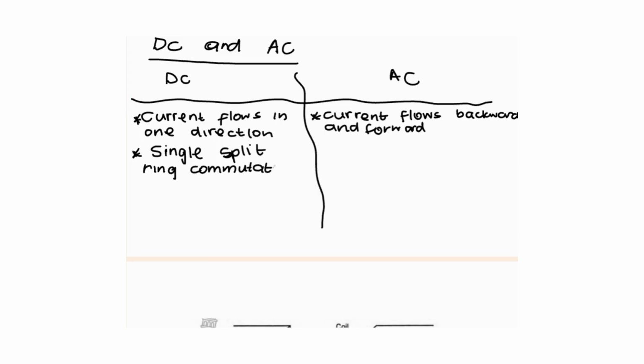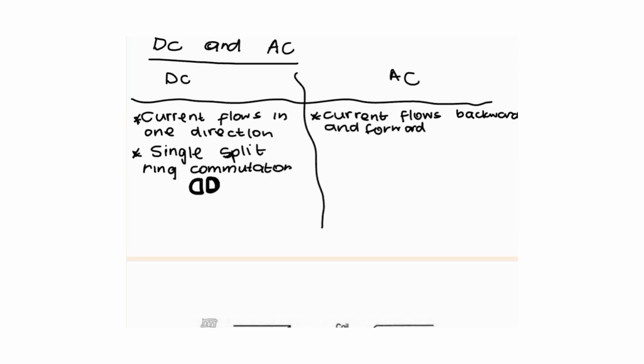A commutator is a split ring, meaning it looks like this. If I draw how the ring looks, it's supposed to be a ring, but it's split in the middle. There's a gap in between. That is your split ring.